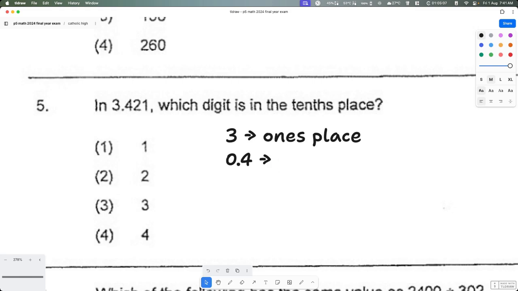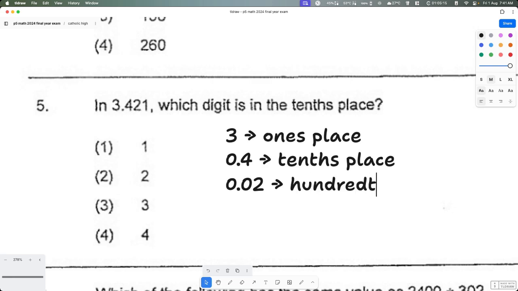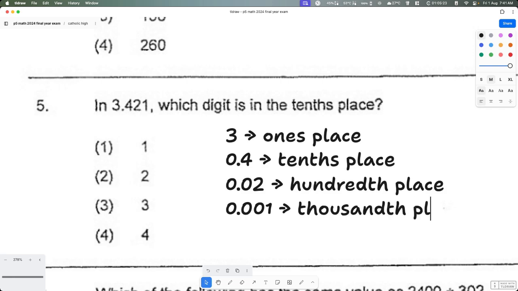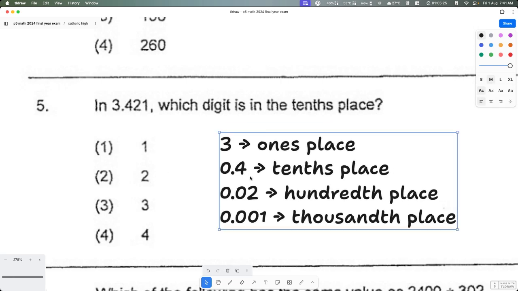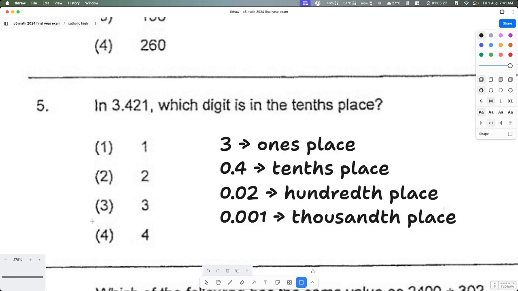There's no such thing as one place. This is tenths place. What about 0.02? This is hundredths place. And lastly, 0.001 is thousandths place. So the tenths place is the digit 4 in this case over here.